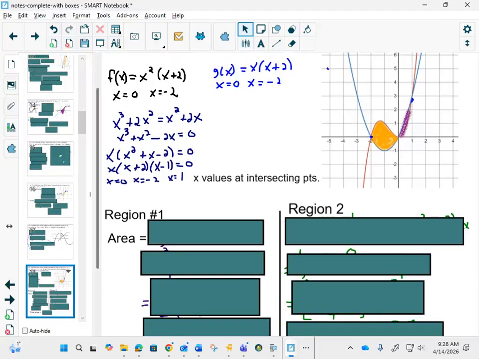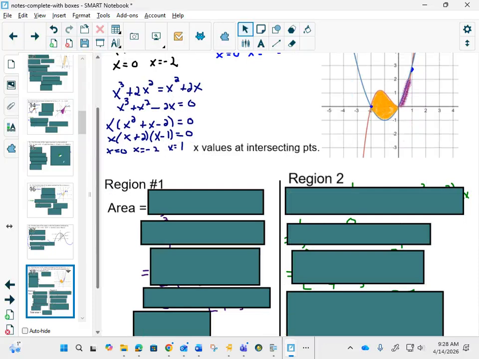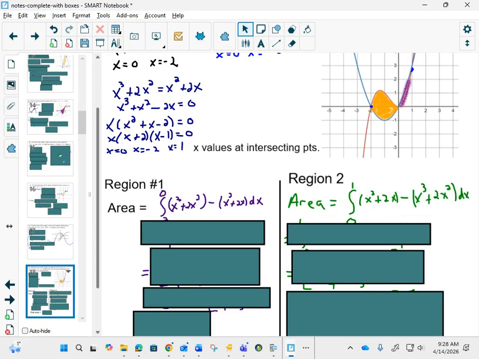So all we have to do is realize that. How do you realize that? You have to know what the graphs look like. How do you realize that if you don't know what the graphs look like? Just assume, oh, I have 3 points. It might be that one is higher than the other. And even if I don't know, if I screw up on setting this up and put the wrong one on top because I didn't know what my graphs look like, one of these areas will show up as negative, and then you know, oh, I put the wrong one on top.